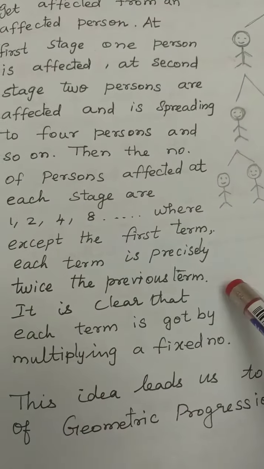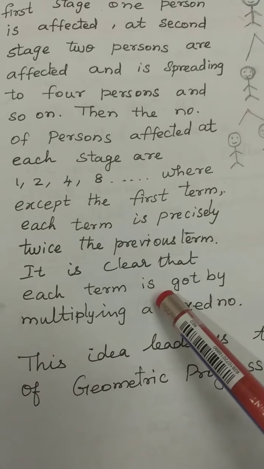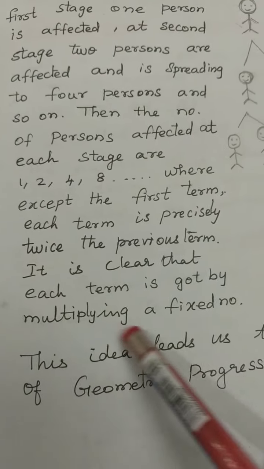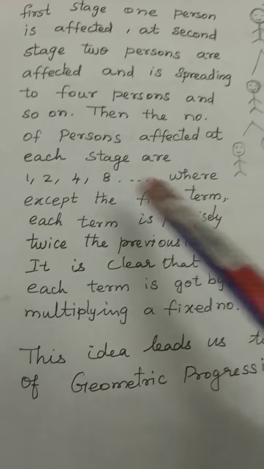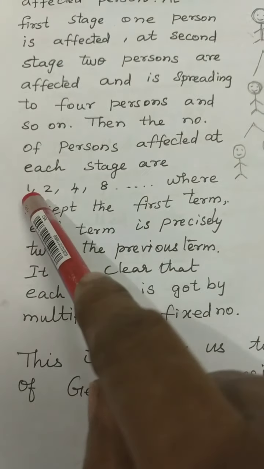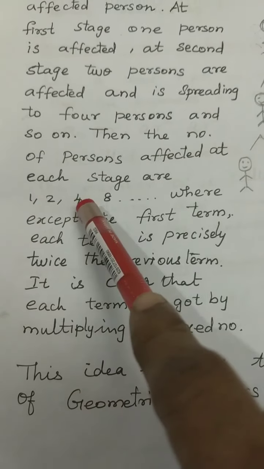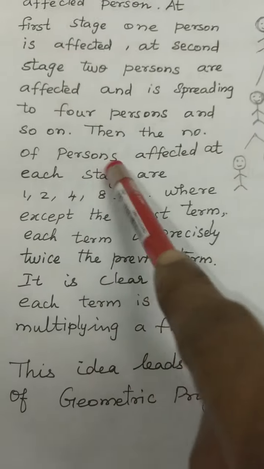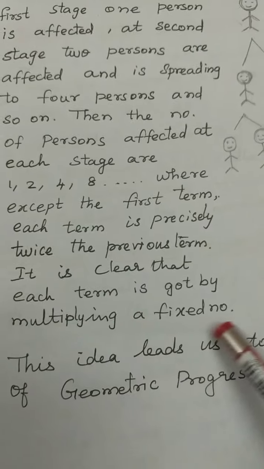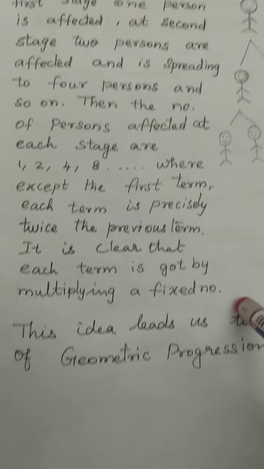It is clear that each term is got by multiplying a fixed number. If you multiply 1 into 2, 2. Then 2 into 2, 4. 4 into 2, 8. So, multiplying a fixed number.